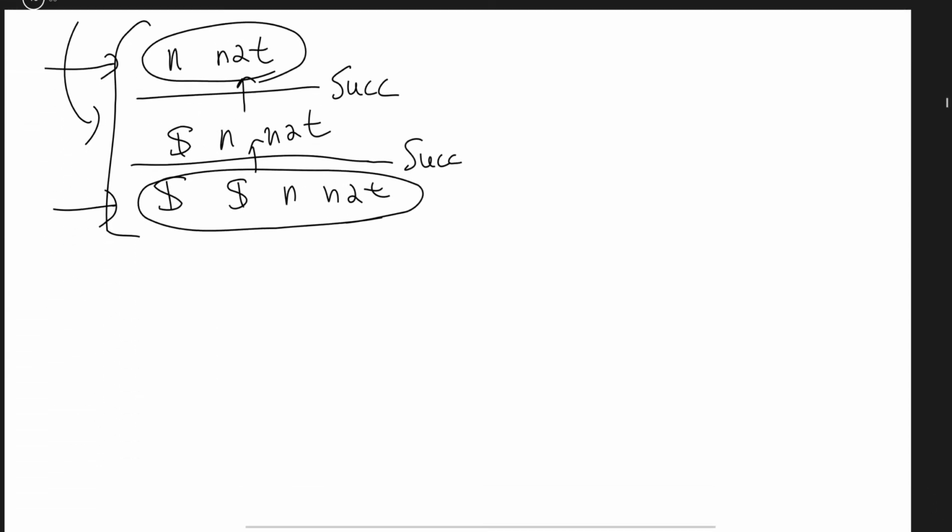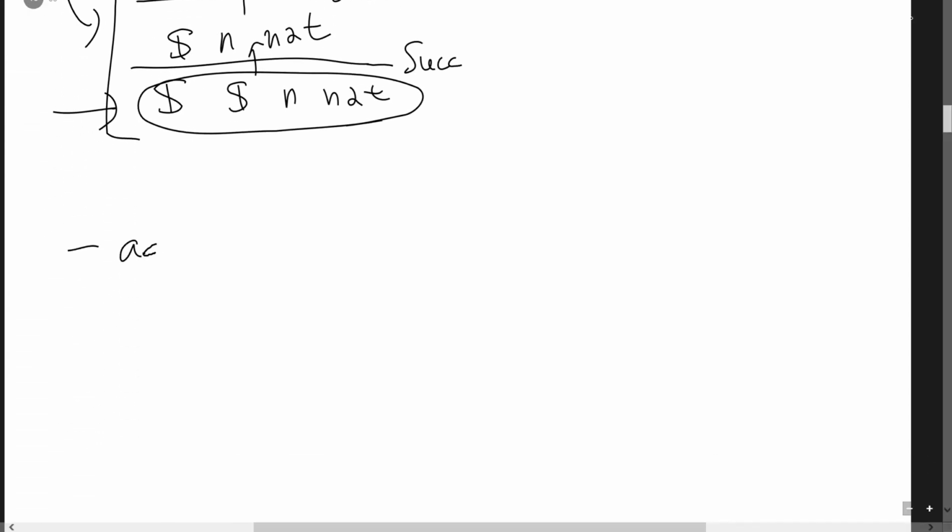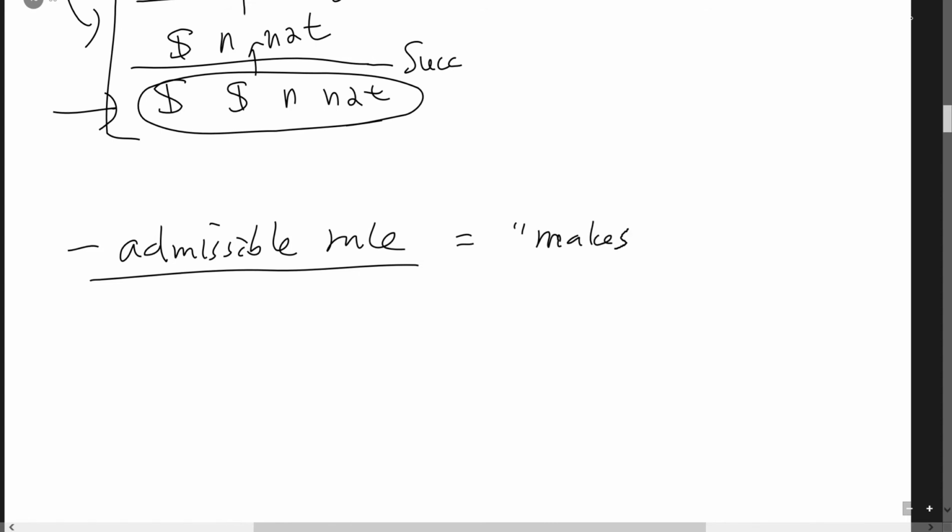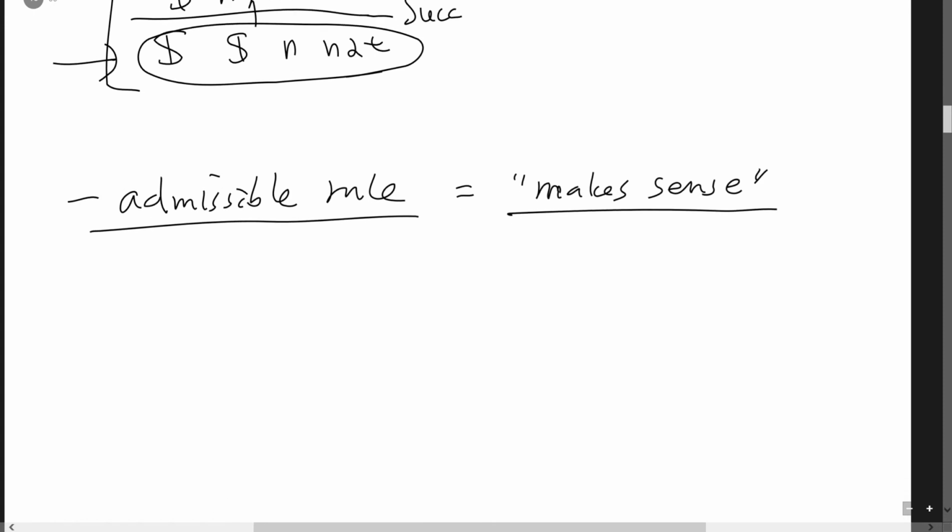Now, let's talk about admissible rules. There's no formal definition of admissible rules because an admissible rule is simply a rule that makes sense. What that means is that, let's say we have some premise, conclusion, and let's say this inference rule is admissible.